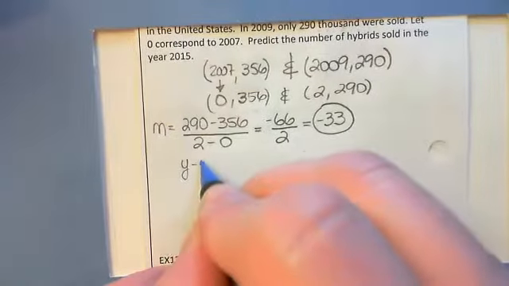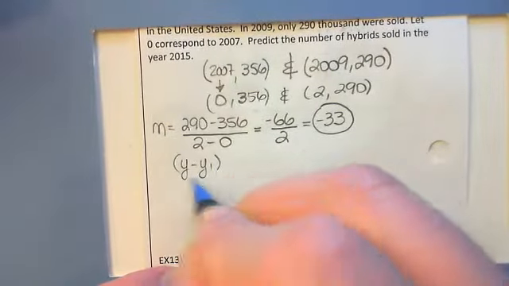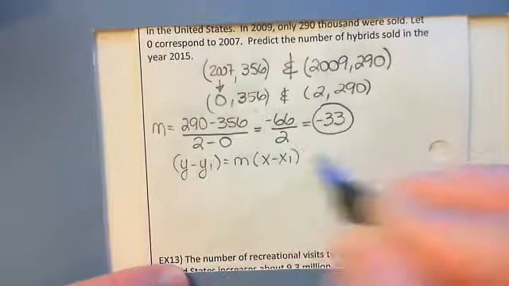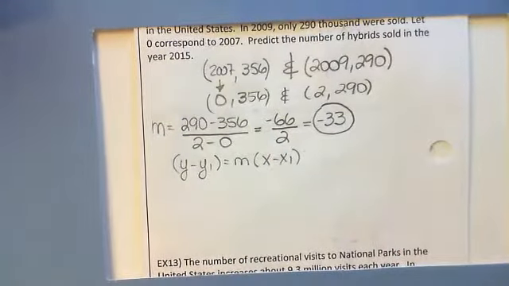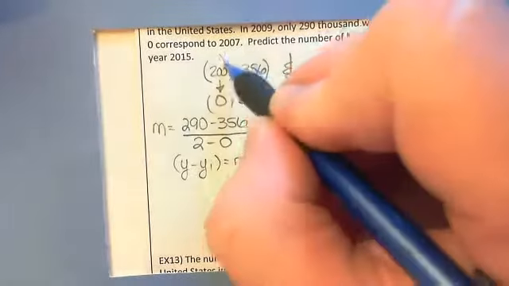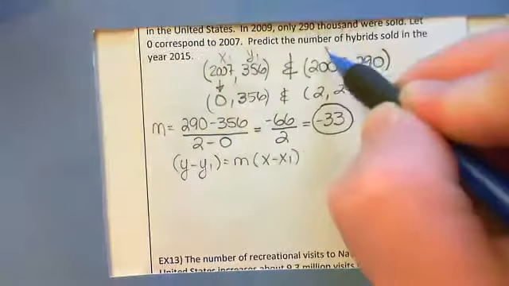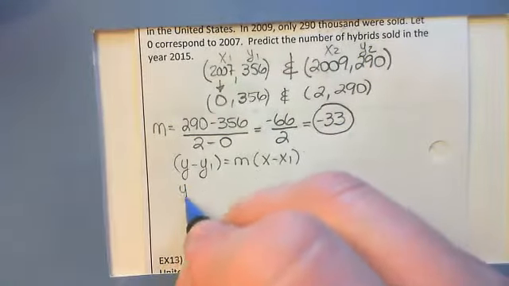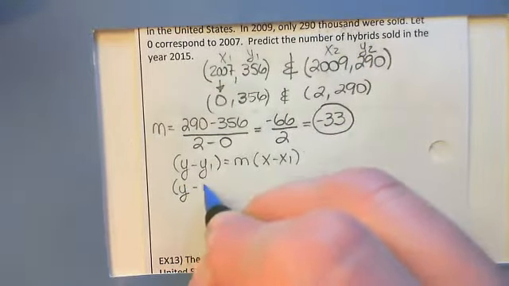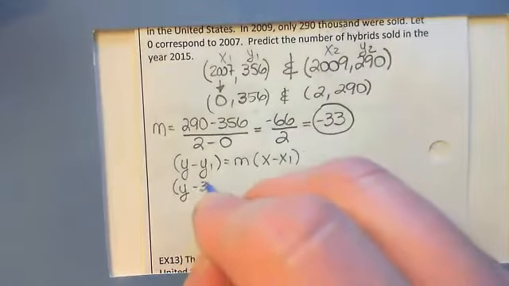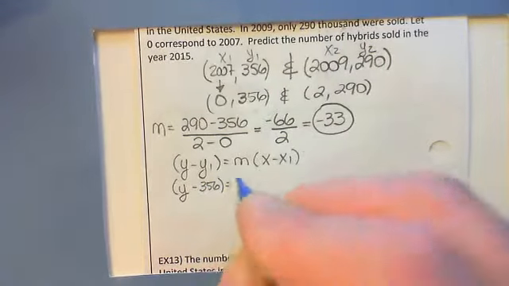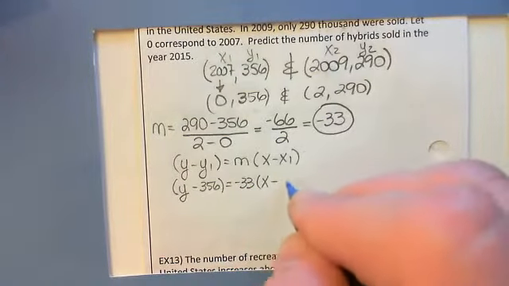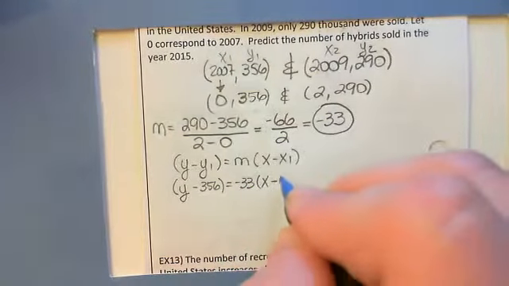Alright, let's plug it into the formula y minus y1 equals m times x minus x1. Remember this is x1, y1, x2, y2. So plug in the numbers in the formula. It would be y minus 356. The slope would be negative 33. x minus the x1 would be 0.